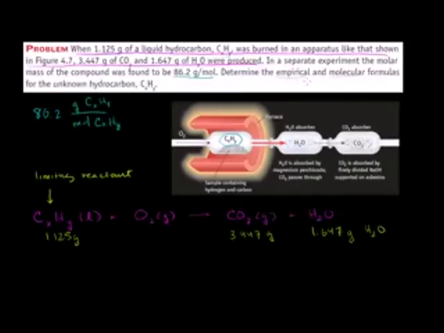The molecular formula is exactly how many carbons and hydrogens we have in each molecule. And I suspect that once we have the empirical formula, we can then use this molar mass right here to figure out the actual molecular formula. But let's figure out the empirical formula first.